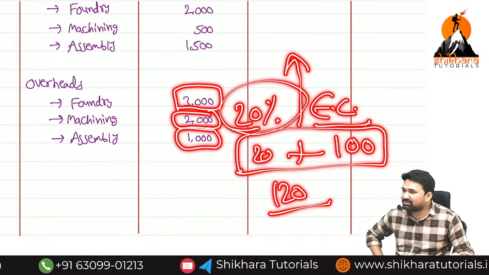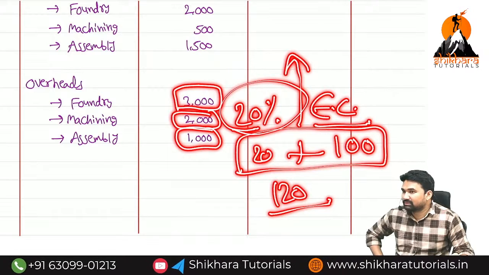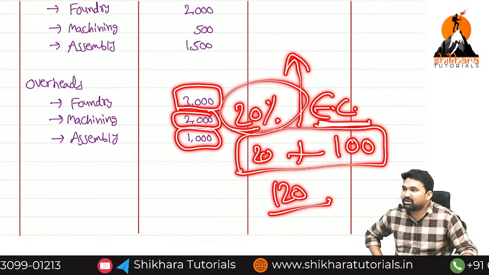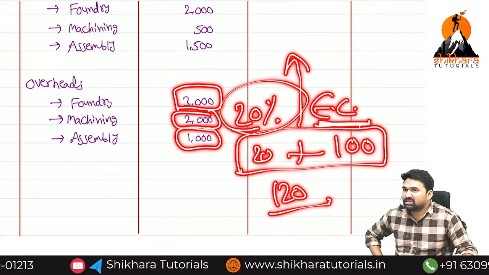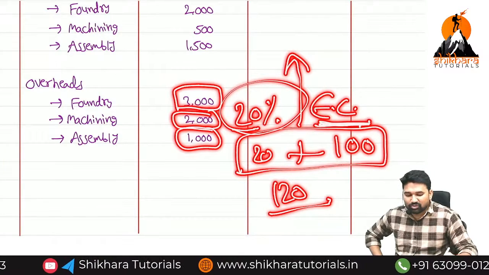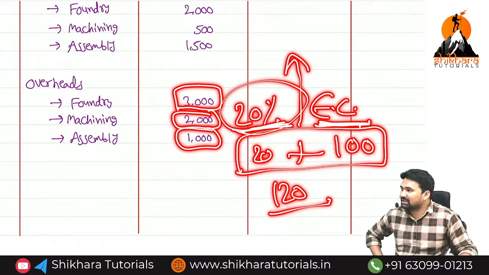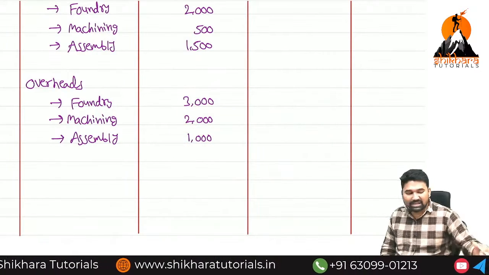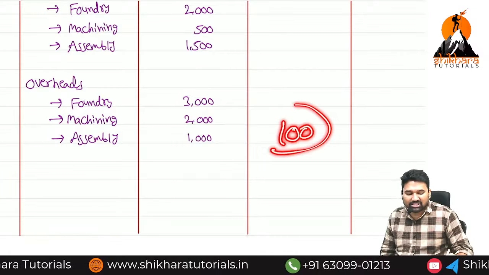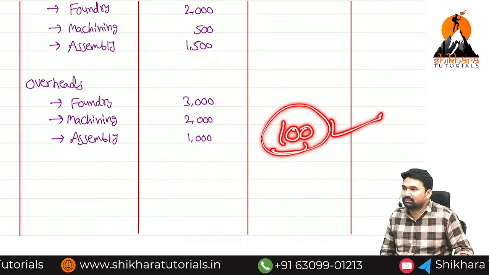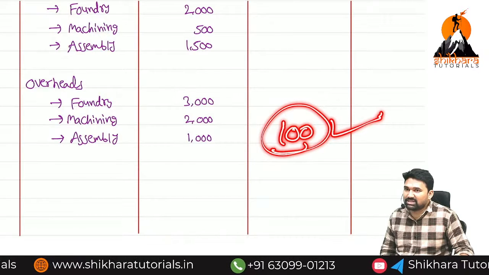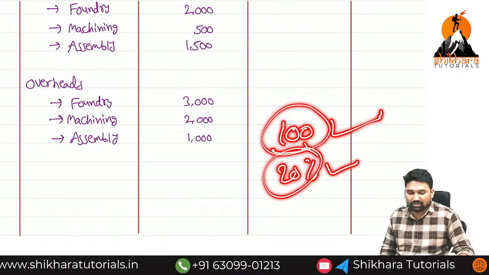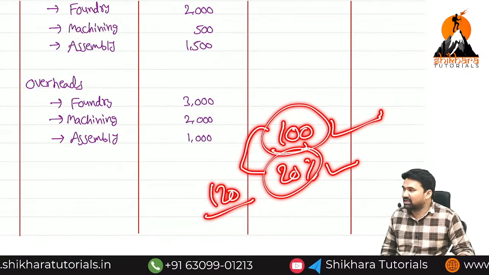Do you really understand what I am calculating? We don't know the estimated cost, we know just only the link. As we don't know the estimated cost, we are assuming that estimated cost as 100 and 20% is increment, right? 20 plus 100, 120.